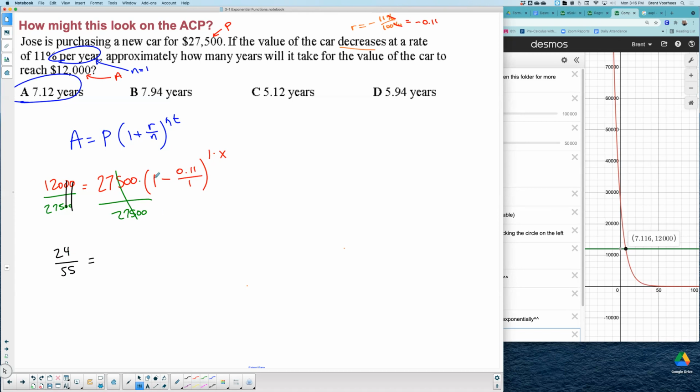Equals. Now over here we have 1 minus 0.11 basically, which means I'm going to have the number 0.89. I can take away the parentheses, 0.89 to the power of x. Now that I have it simplified, that's my number. This is my base.